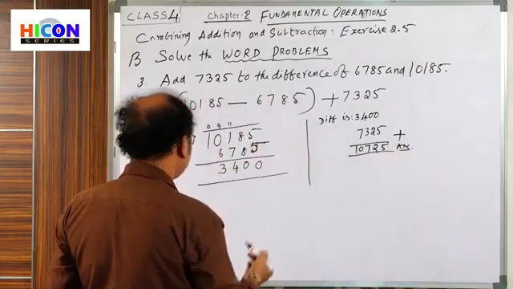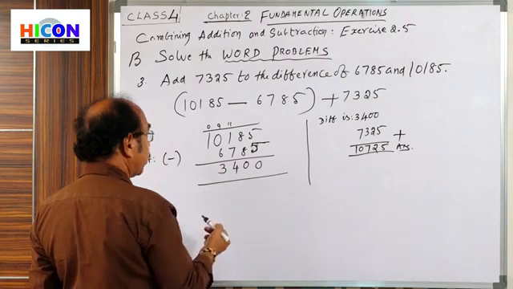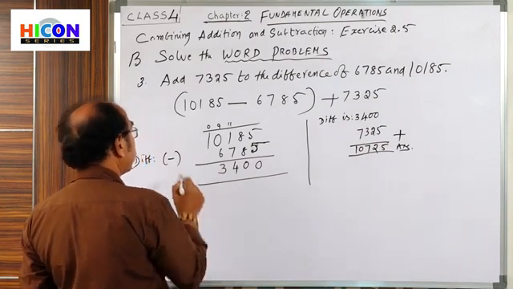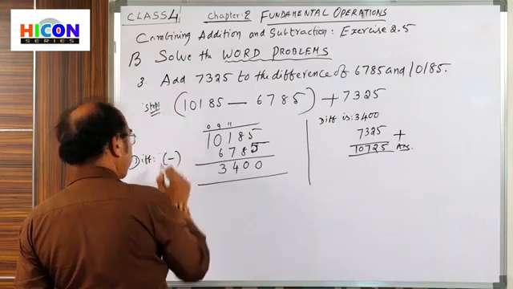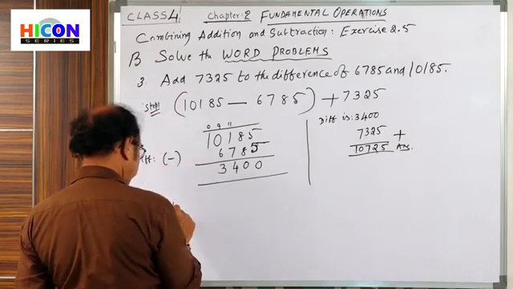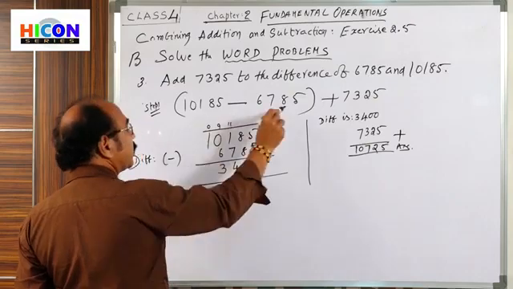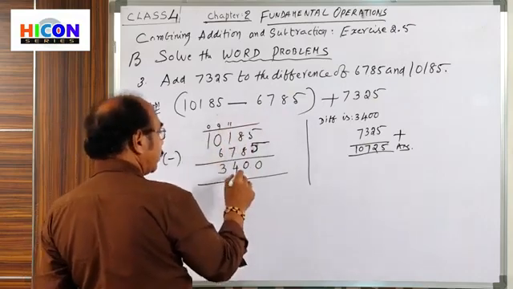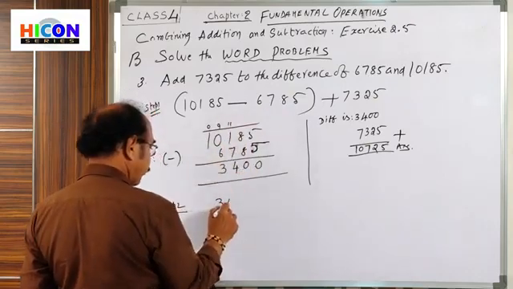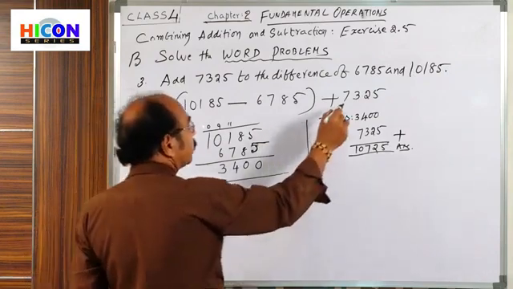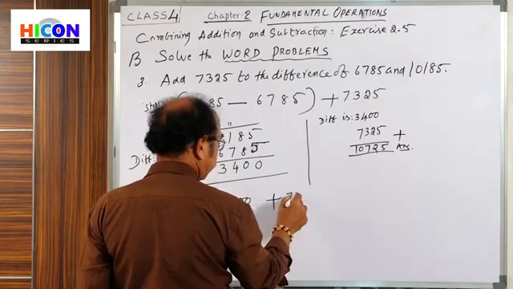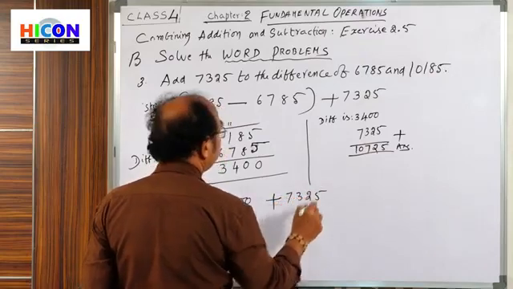So, write steps here. Okay, this is step 1. The step 2, what I show is the difference. What is the difference? 3,400. Plus, what is to be added? 7,325.